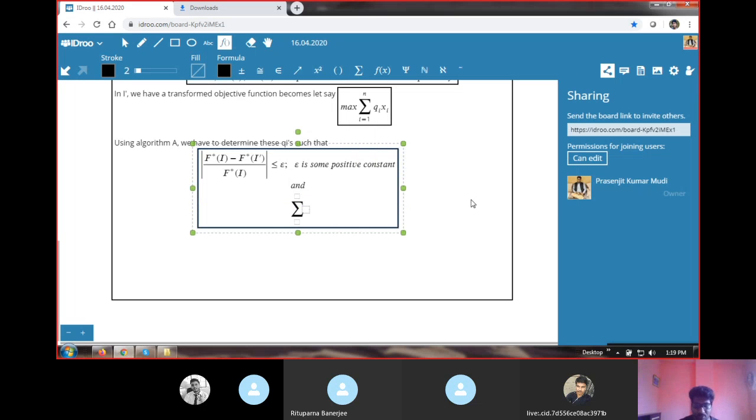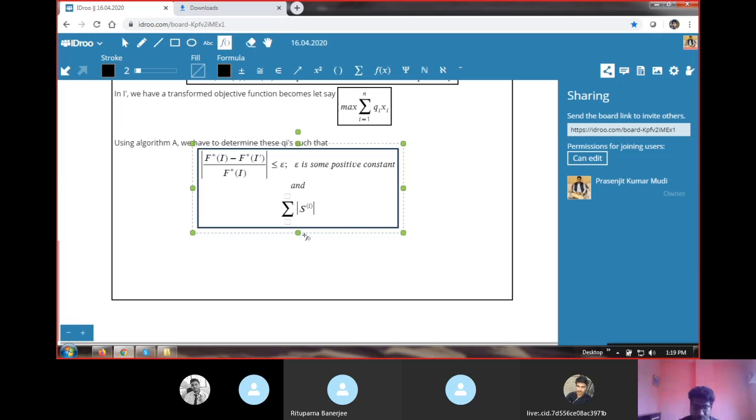And the computational time of that algorithm must follow a polynomial time function of n and 1 by epsilon. The computational time is measured by the number of feasible solutions: if S i is the set of all the feasible solutions, then the cardinality of S i gives us an estimate of the computational time.